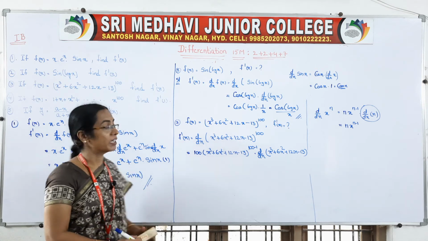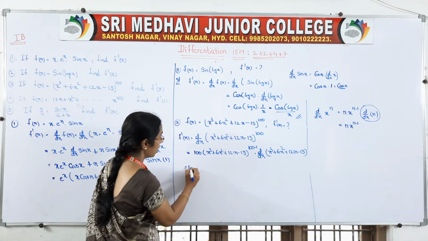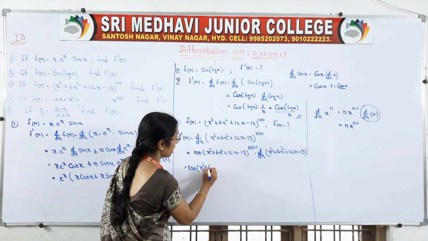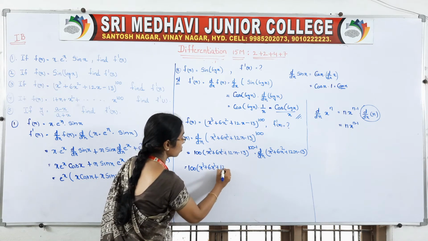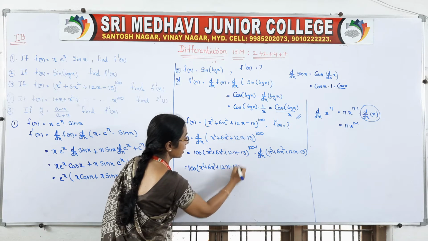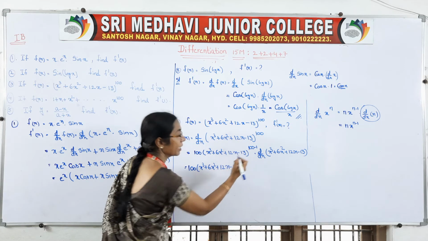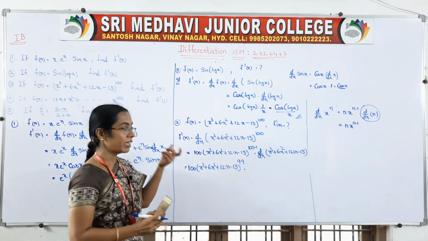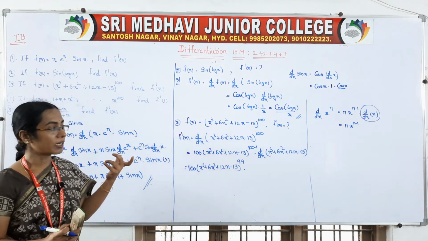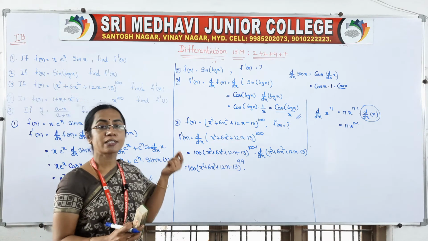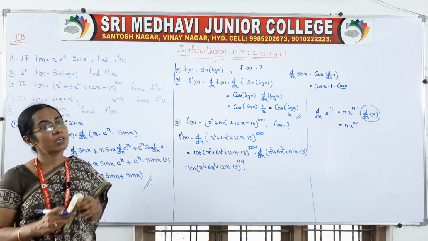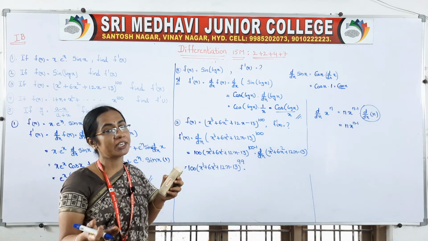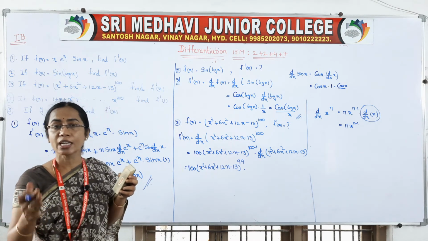So be attentive. So it is equal to 100 into, come on, (x cube plus 6x square plus 12x minus 13), 100 minus 1, it is 99, into, so observe, d by dx of some values are there, in between the values plus minus is there. Whenever plus minus is there inside the bracket, we have to find the derivatives, we have to take individual derivatives.